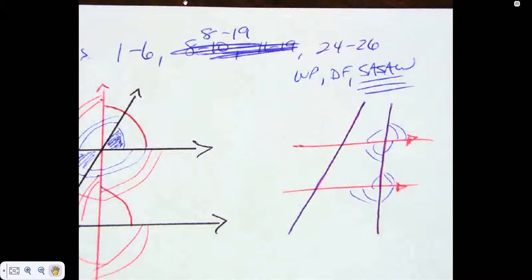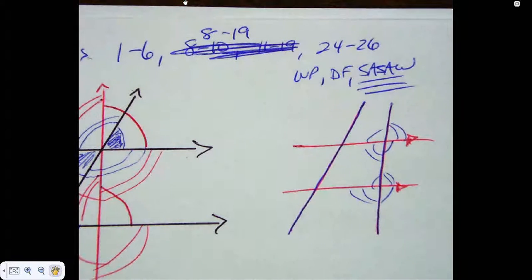I guess I could cross this out and just say 8 through 19. Right?